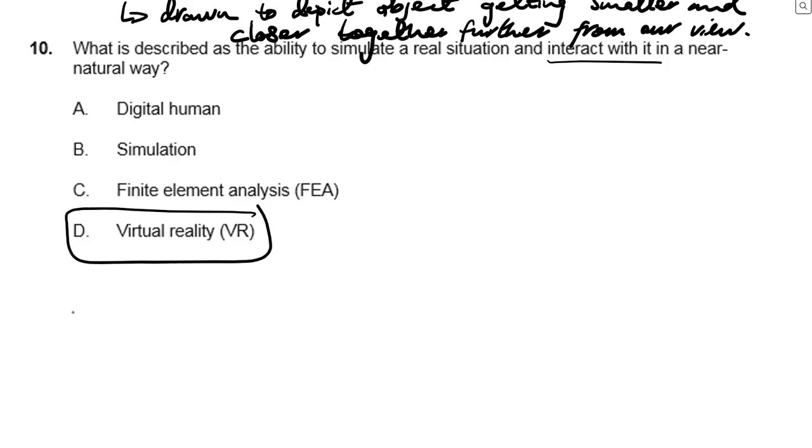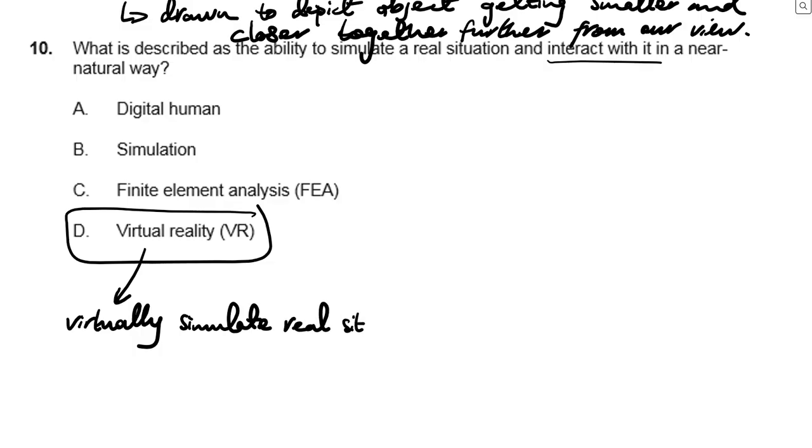That is where we are virtually simulating reality, a real situation, and then we're interacting with it. We can move our hand around our joystick and it interacts with this virtual field.